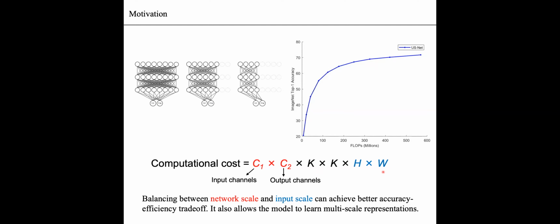Our goal is to take these two factors jointly into the network design so that we can achieve a better accuracy and efficiency trade-off. Another plus is that if you think about different scales of the input, we can learn multi-scale representations, so that your learned representation can be better.